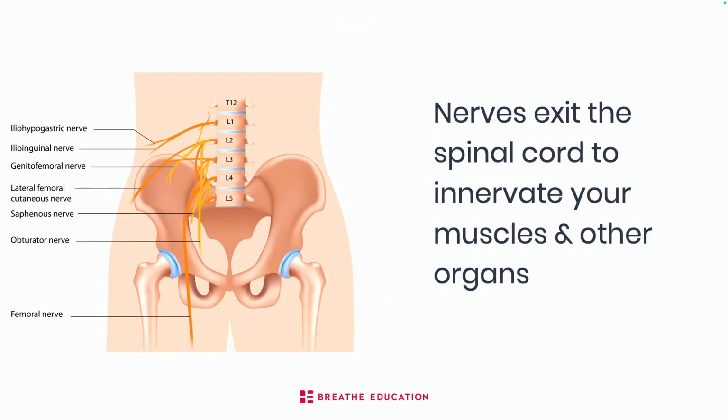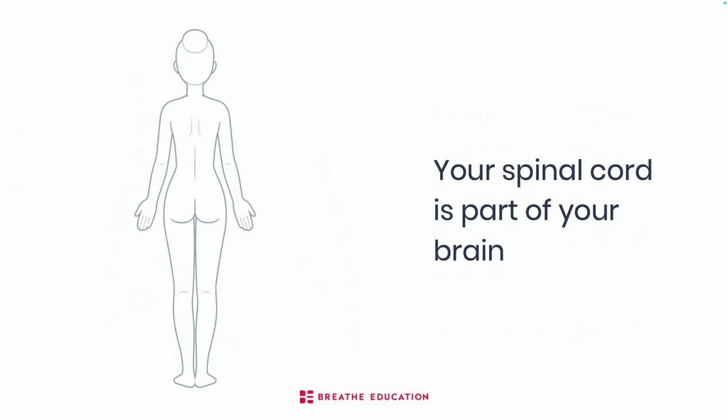Nerve roots exit the spinal cord to innervate, which means to supply with nerves, all of your organs and your muscles. Some of those nerves go to your muscles, some go to your skin, some go to your visceral organs, your digestive system, your liver, your kidneys. And because your spinal cord is part of your brain, actually what happens is the spinal nerve ends inside the spinal canal.